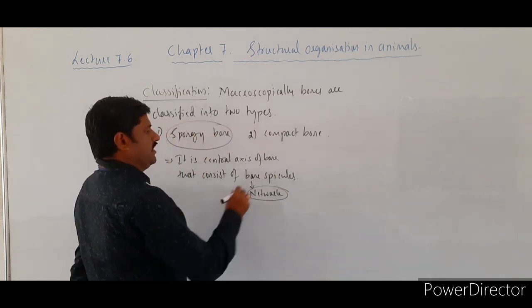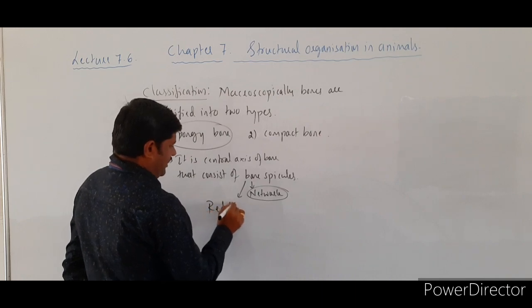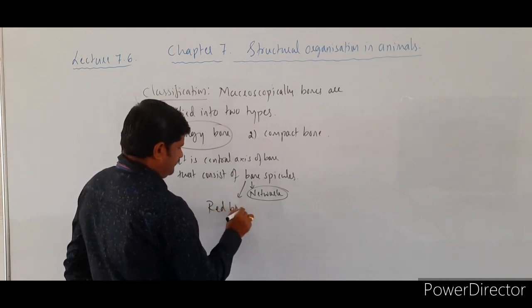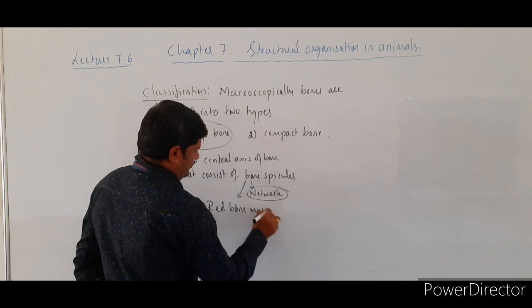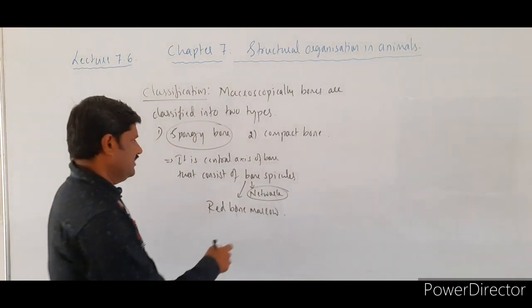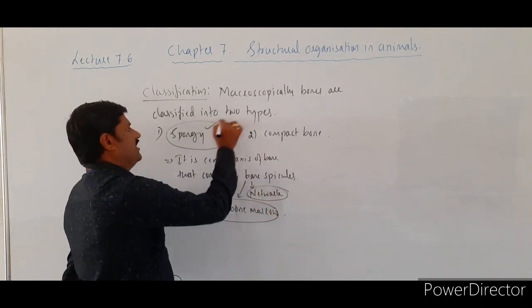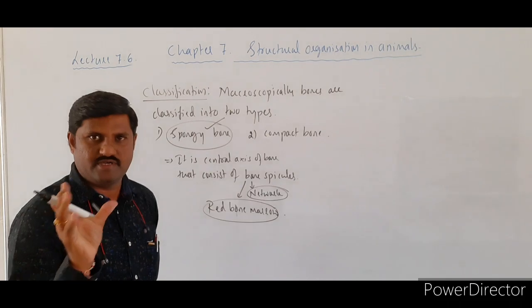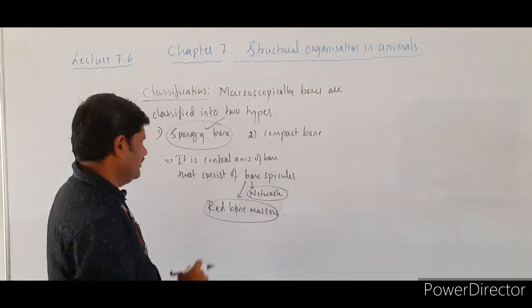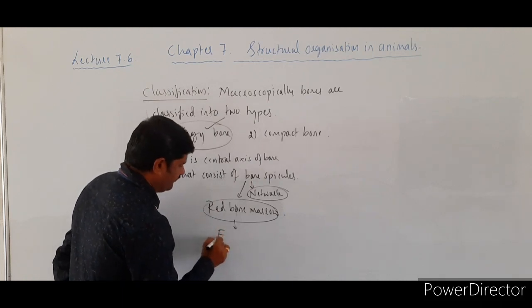In between the bone spicules, what is present? Red bone marrow. In between the bone spicules, red bone marrow is present. And such kind of bone is called spongy bone. And that spongy bone is responsible for what?